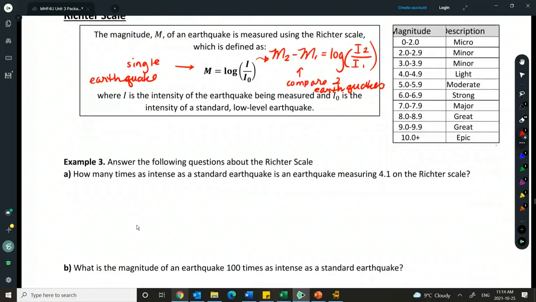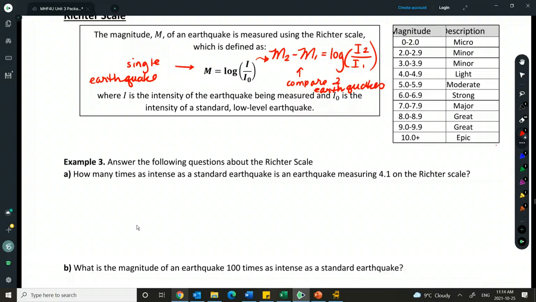Okay, so how many times as intense as a standard earthquake is an earthquake measuring 4.1? So this I over I naught, or I initial, is what all earthquakes are compared to. So a standard lowest level earthquake that we can't feel, we would consider as like magnitude of 0, right?